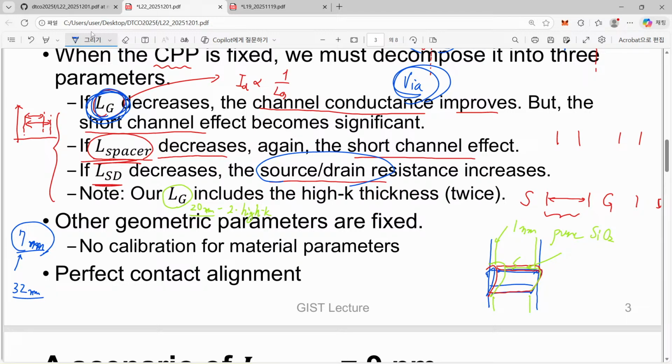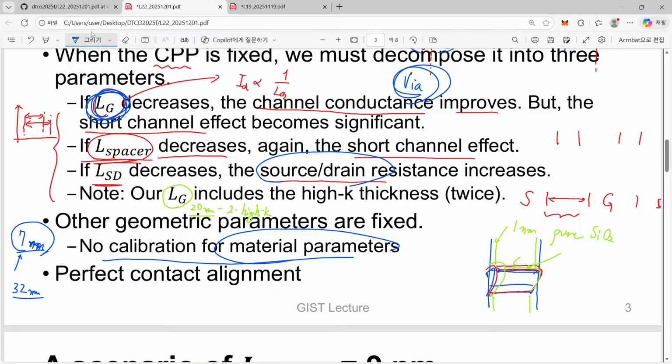If you want, you can change its shape, and then see some improvement or worsened performance. Also, there is no calibration for material parameters. I will explain it a minute later.